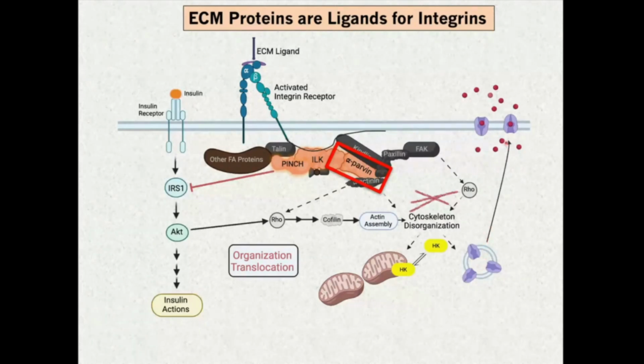These processes are important for translocation, for migration of proteins to the mitochondria, mitochondrial structure and function. So this is potentially a high impact protein and deletion.